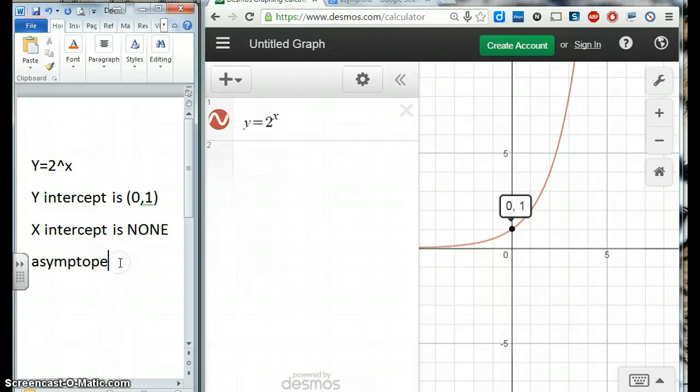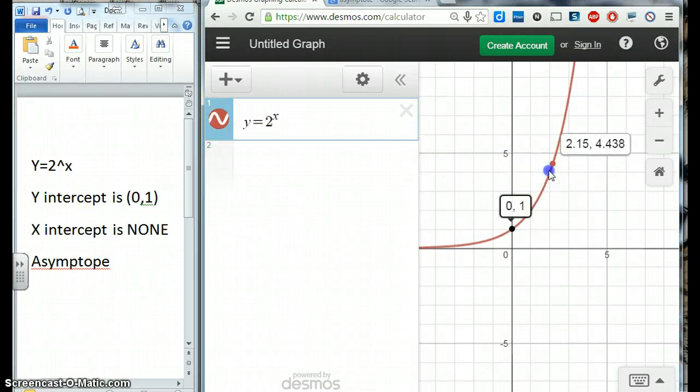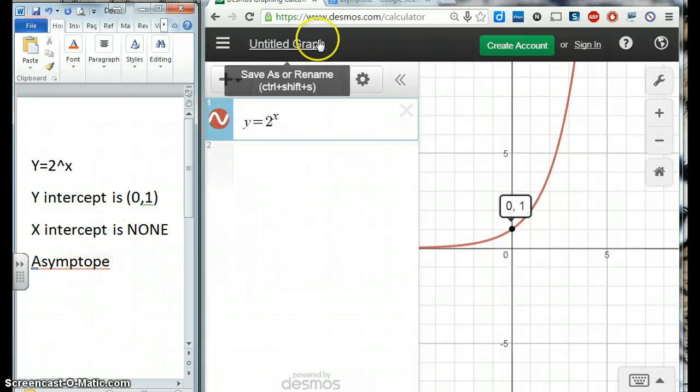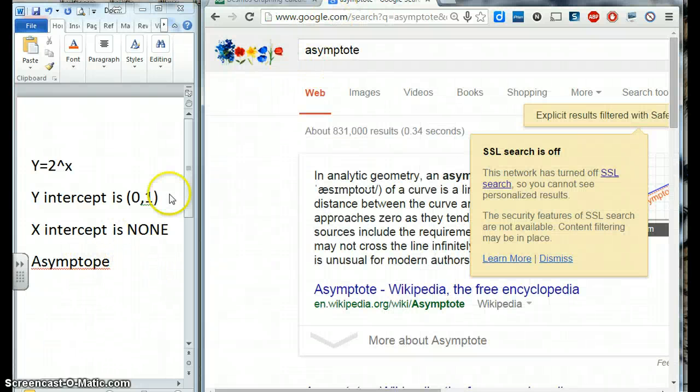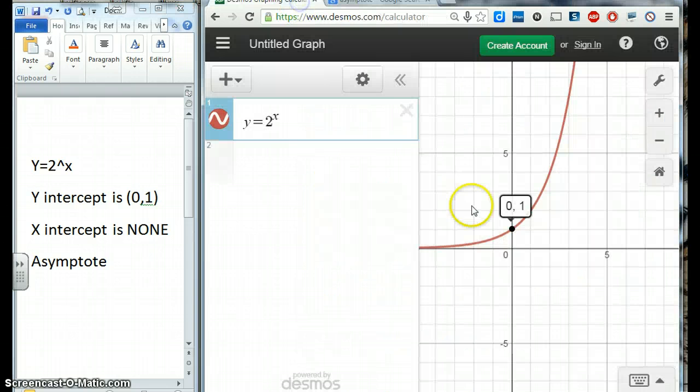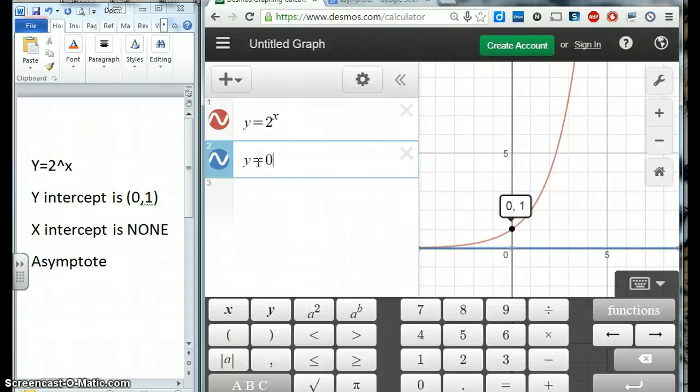The asymptote is where the graph is getting closer and closer to 0. Look at the y's. The y's are getting closer to 0. Oh, here it is. So the asymptote is this line right here. It would be y equals 0.